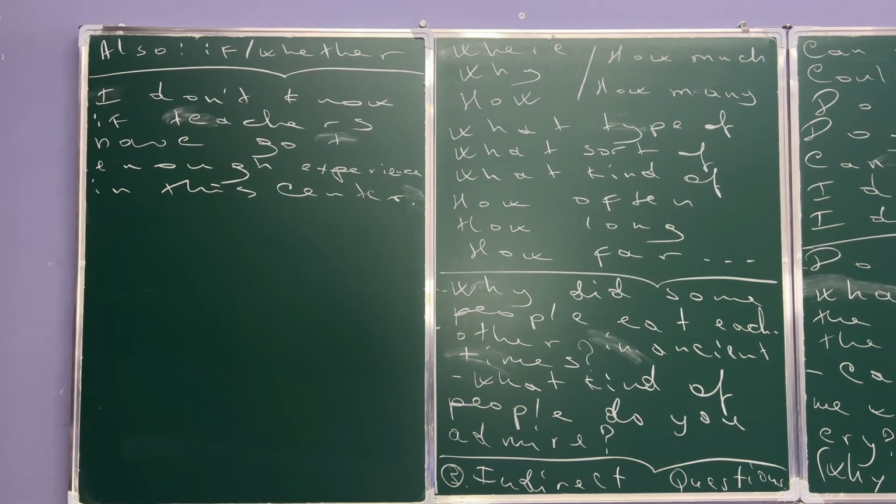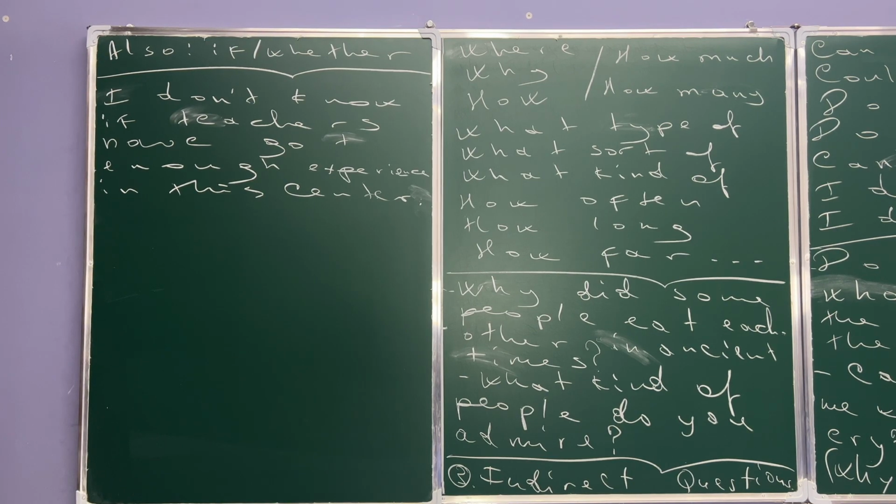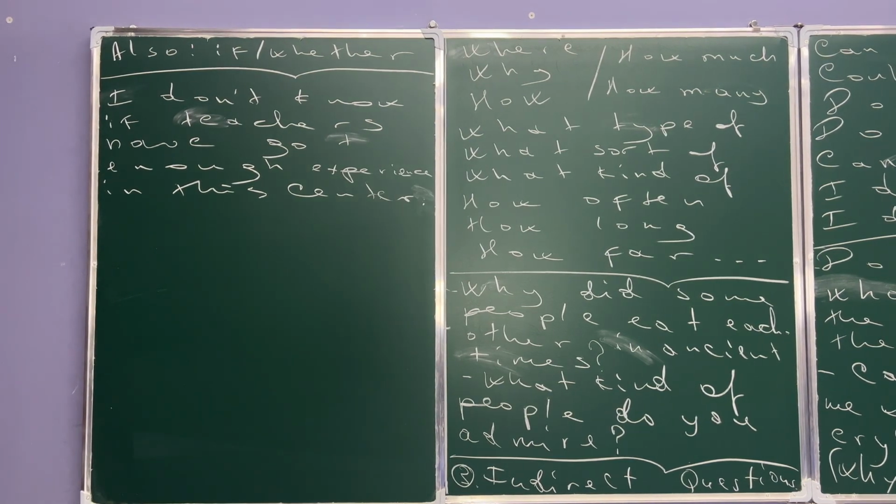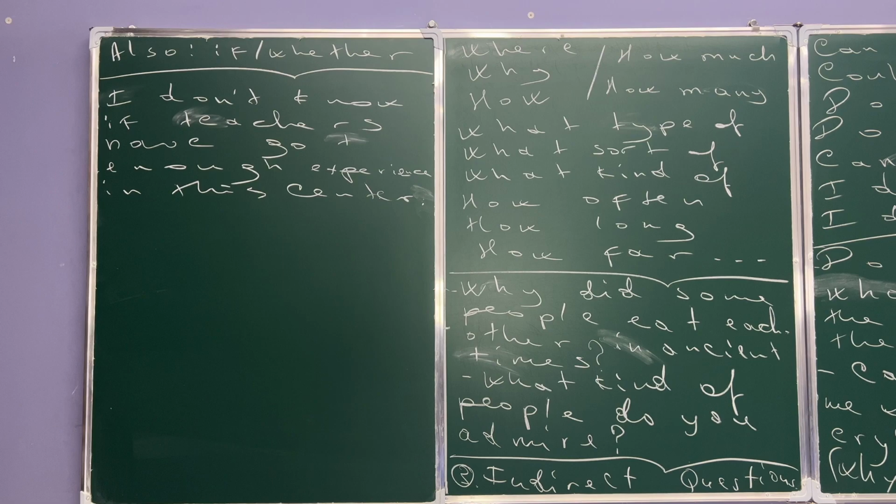There isn't a question word, so what did I do? I used if. Instead of it, you can use whether, and then you can connect the sentences together. I don't know if teachers have got enough experience in this center.